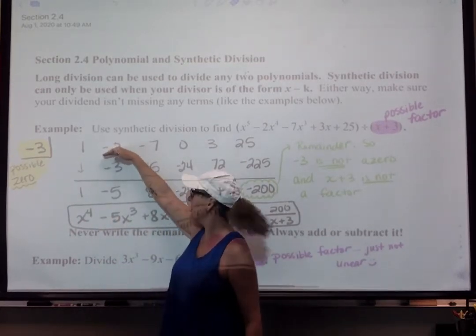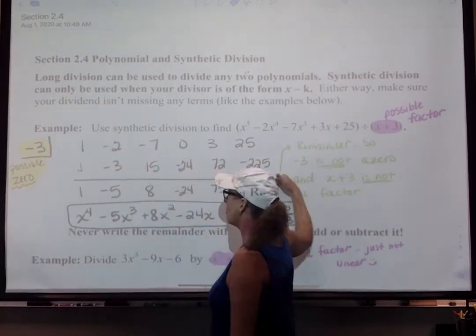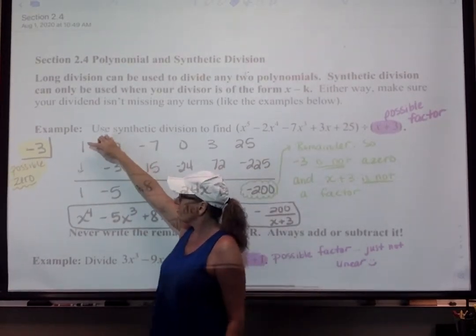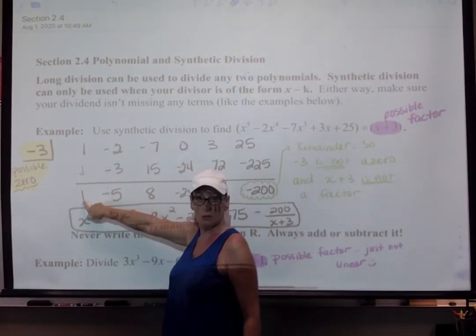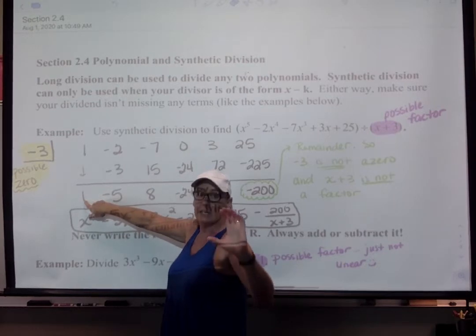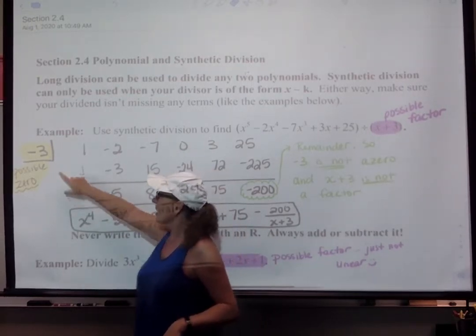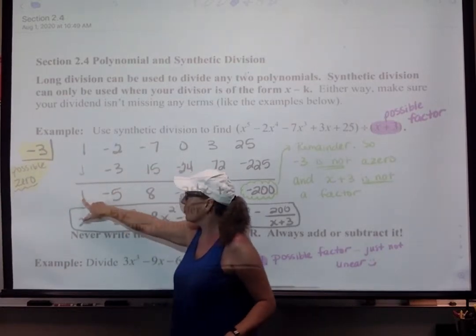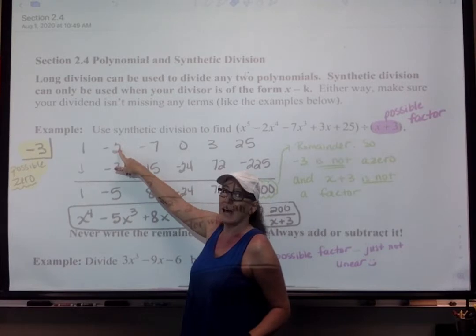Now here's what I'm going to do. I want to leave an empty row, and then draw a horizontal line. To get synthetic division started, your leading coefficient drops down below your line, and that spot becomes a 1. Now I'm going to take -3 times 1, and put it here. And I'm going to add.